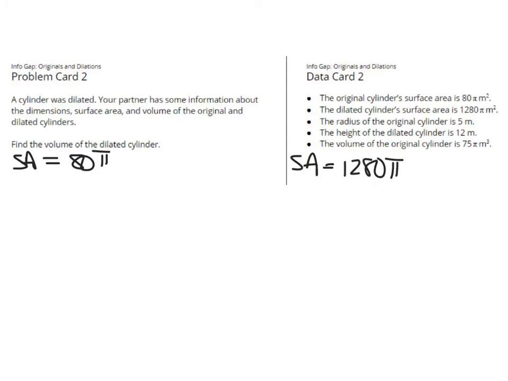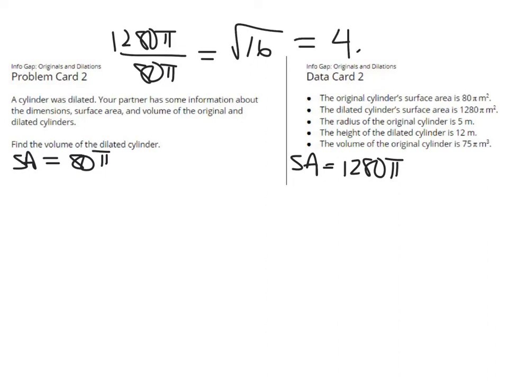Let's go ahead and find our factor. So we went bigger. I'm going to go 1280 pi over 80 pi. That gives me 16. And this was surface area, so take the square root, that's my scale factor. So we did those.